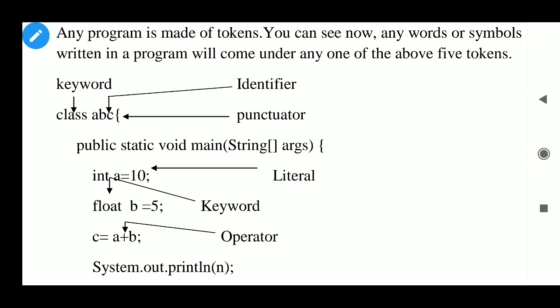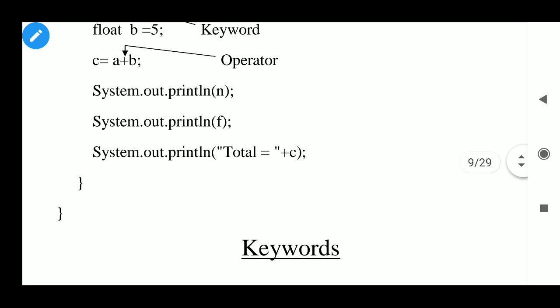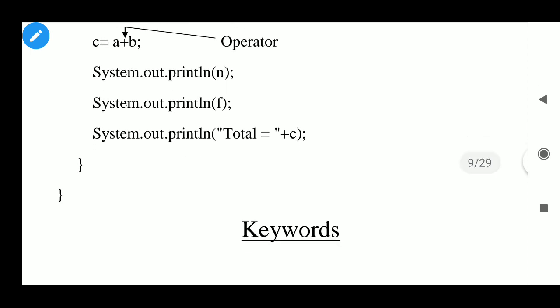So with keywords, identifiers, punctuators, literals, operators, with all these we make a program. So these are the tokens. System.out.println n, System.out.println f, and this is the program. So without the tokens, we cannot make any program.